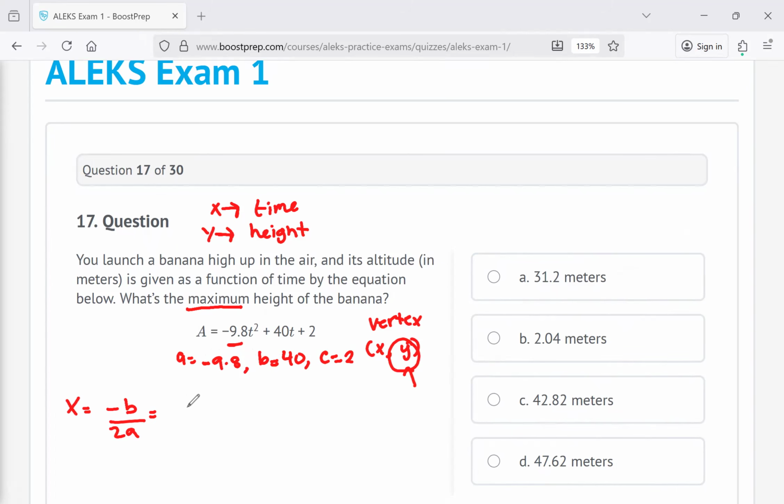So my b's opposite is negative 40, and 2 times negative 9.8 is negative 19.6. Two negatives become a positive, so that's going to be 40 over 19.6. Now, that's our x. In order to find the y, you just plug that back into the equation.